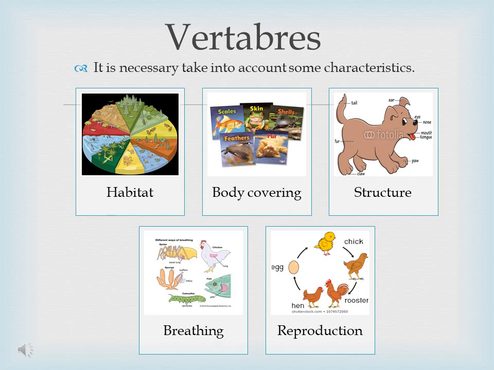Body covering, which is the way their skin is protected. Structure, which is the main characteristics of the animal in physical appearance. Breathing is the way they take oxygen, and the last one is reproduction, so is the way that they are born.